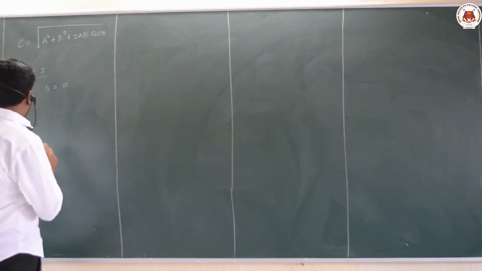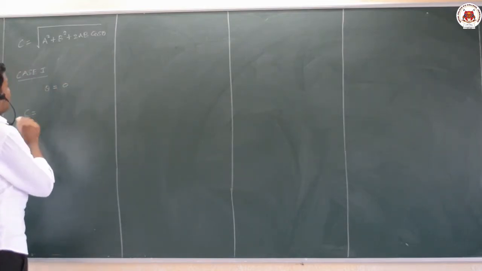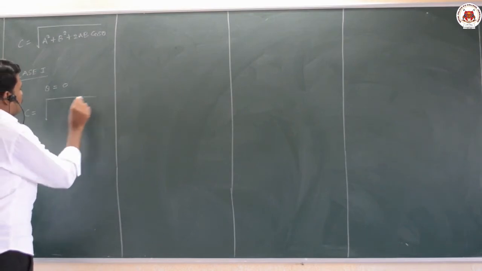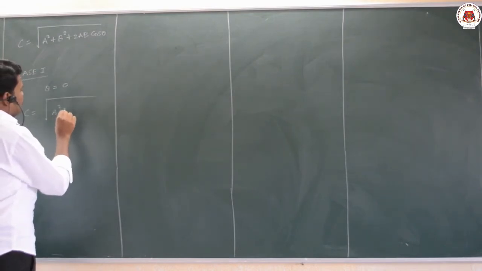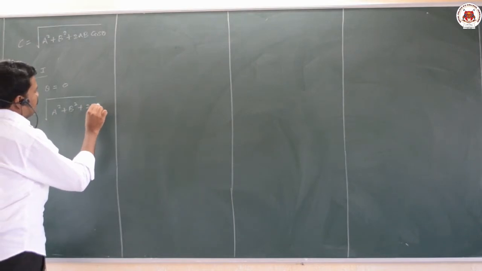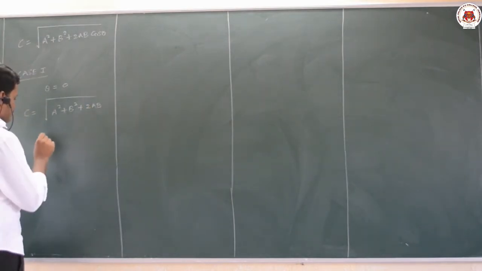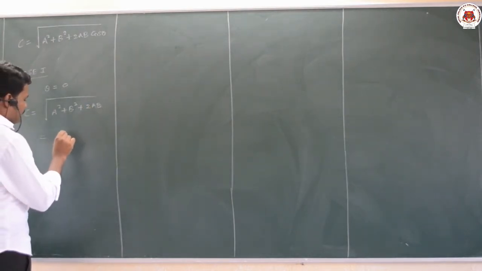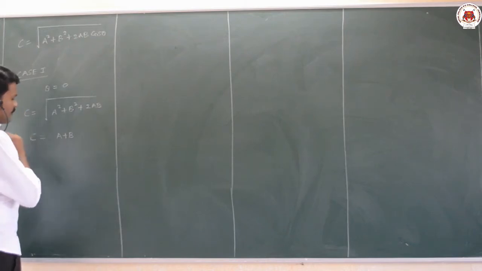What formula are you going to get? Then C is equal to root of a square plus b square plus 2ab, because cos 0 is 1. So C is equal to a plus b.